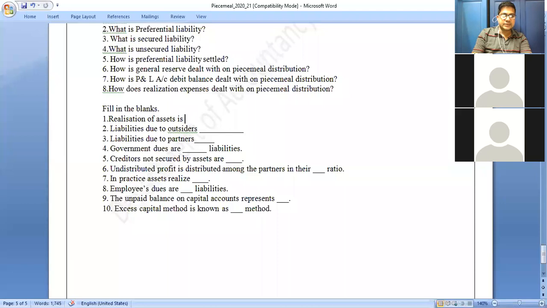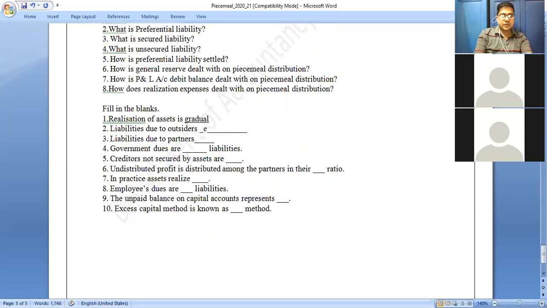Realization of asset is dash, that is gradual. Answer is gradual. Gradual means slowly. Then liability is due to the outsiders.